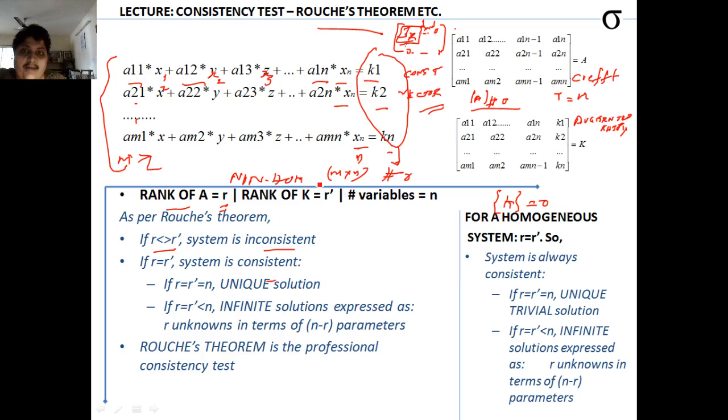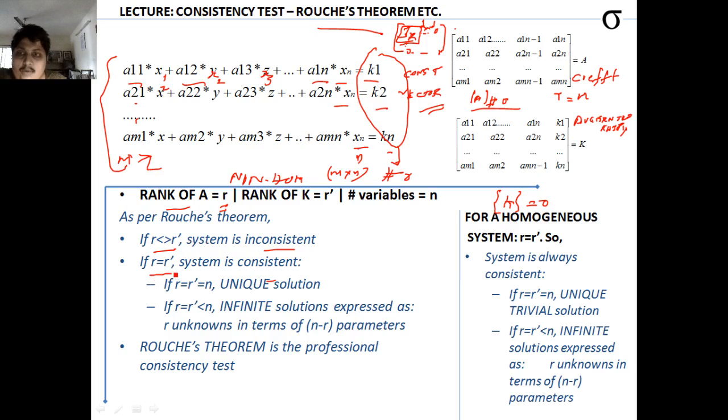So let's first look at K not equal to 0. That is a non-homogeneous system. Then in the non-homogeneous system where R is not equal to R dash, the system is inconsistent.